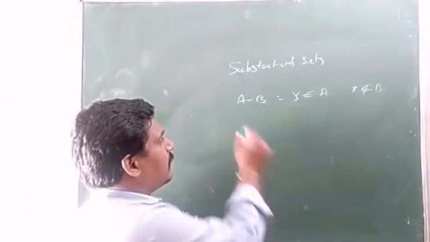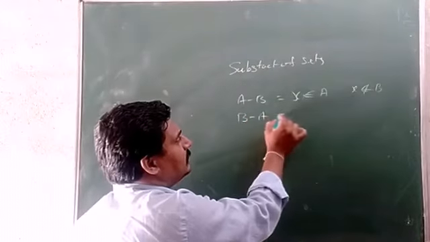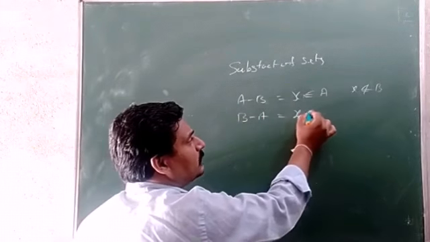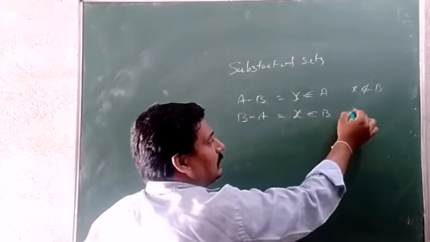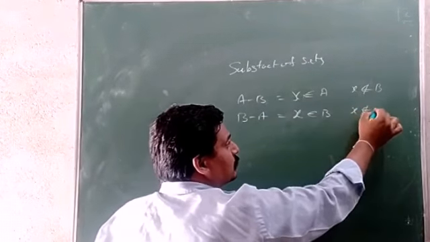At the same time, B minus A is equal to X which belongs to B, but X which does not belong to A.